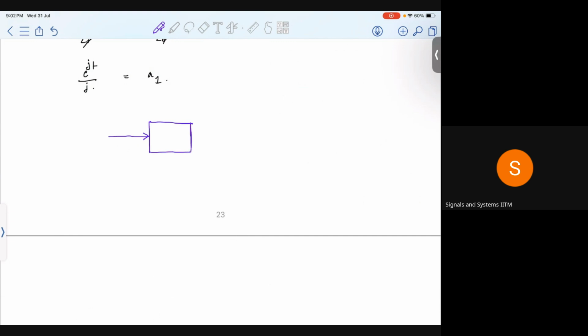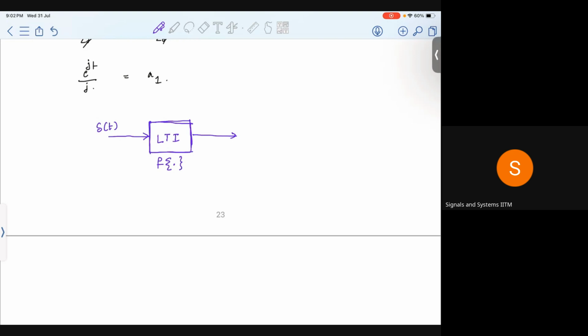Suppose you transmit a delta function into a linear and time invariant system. Let me say that the system has some transformation given by this function f. The given system is a linear time invariant system.